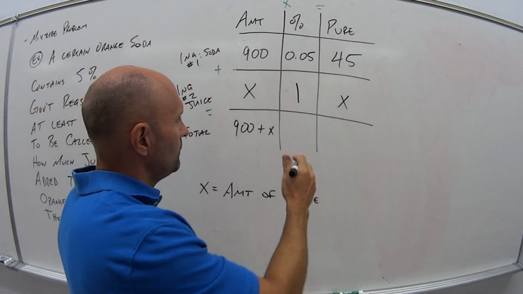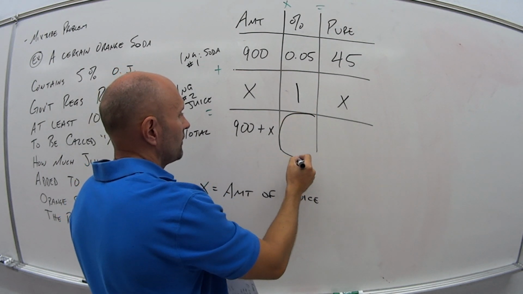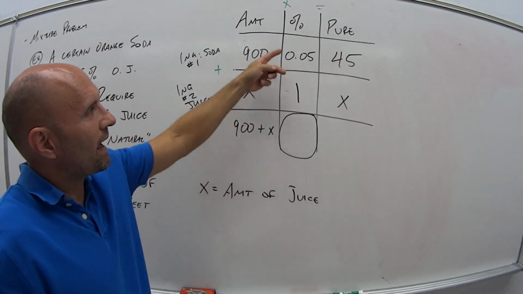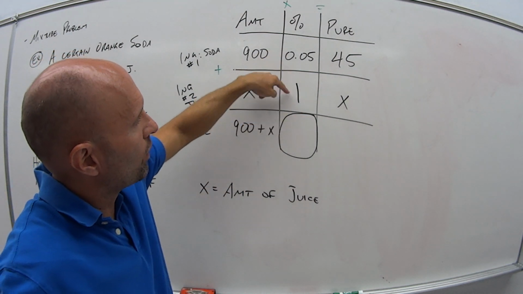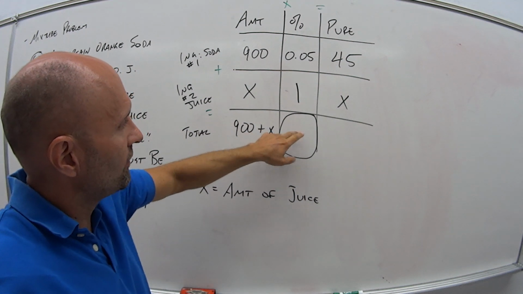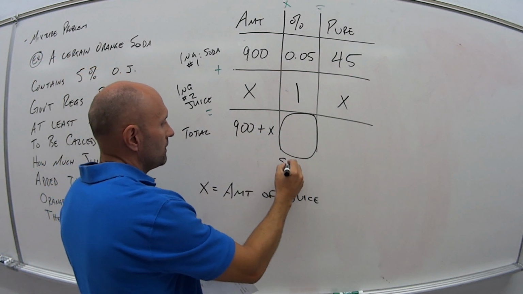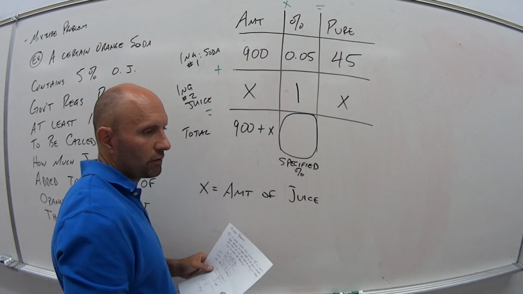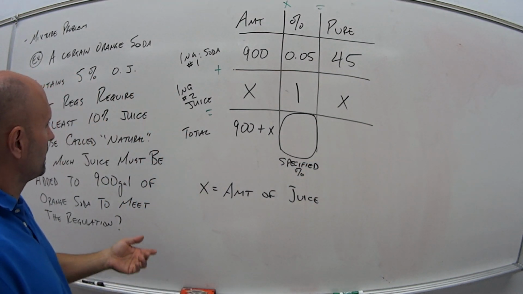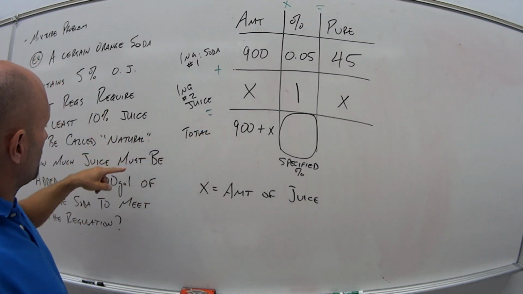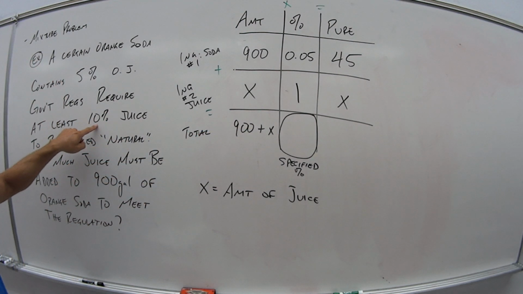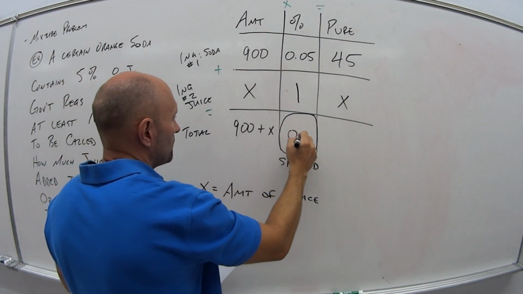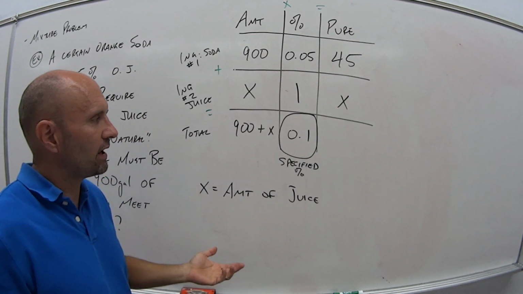Now, this is the one box here. You remember in the investments, we just X'd it out. With the mixture, we're not going to add these down. This value is not 1.05. This value is our specified percentage that we want. So in the problem it tells us, in order for it to be called natural, it has to be 10%. So however much I end up with, this percent has to be 10% juice.